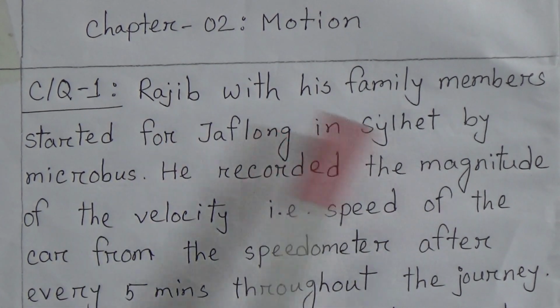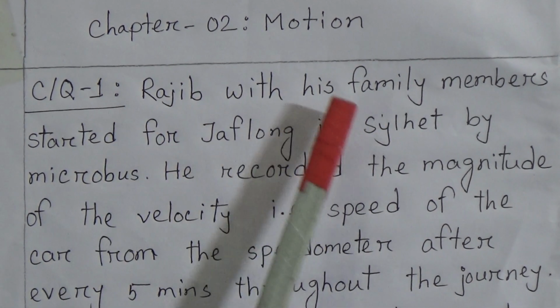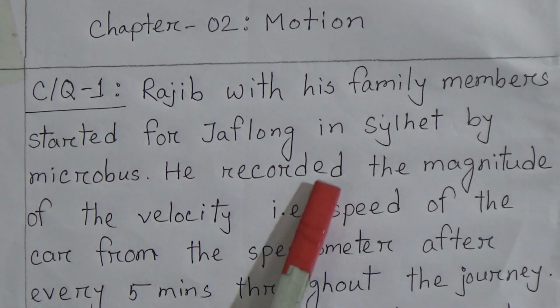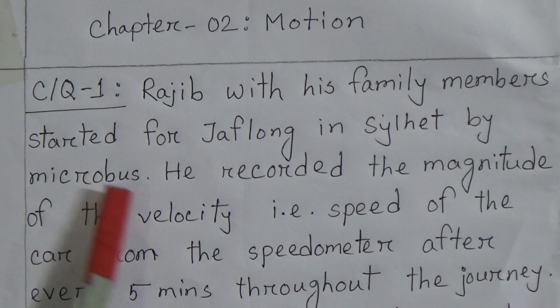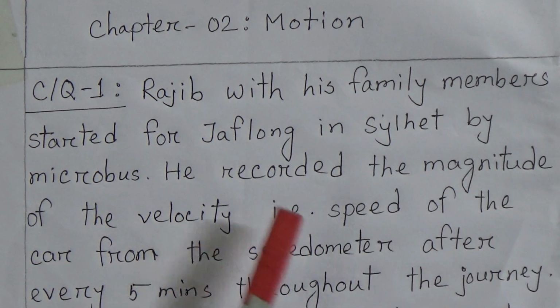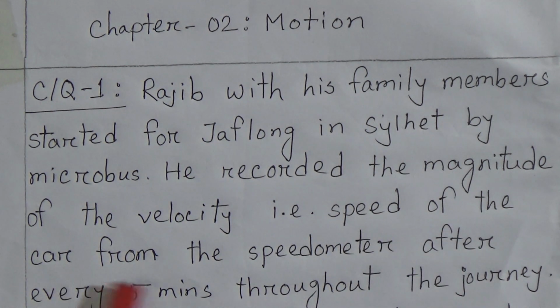See the stem. Rajiv with his family members started for Jaflong in Sylhet by microbus. He recorded the magnitude of the velocity, that is the speed of the car, from the speedometer after every 5 minutes throughout the journey.